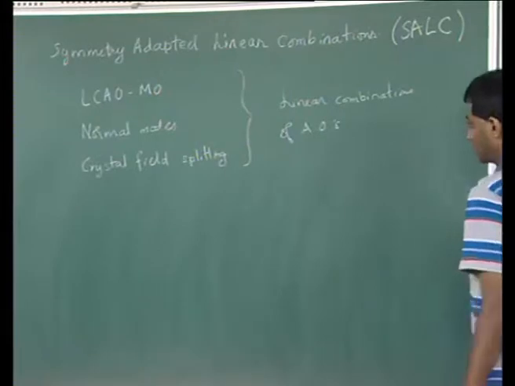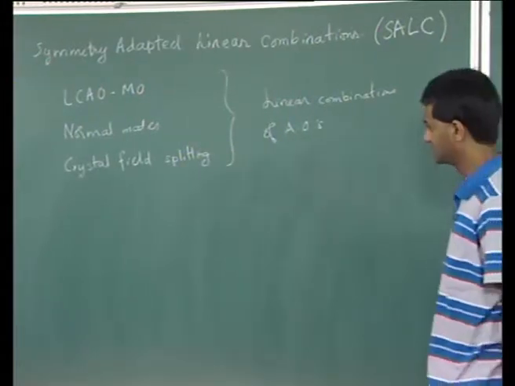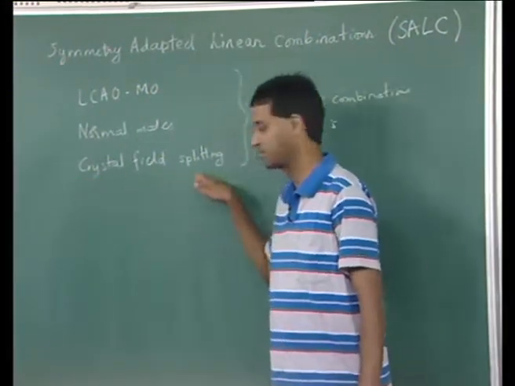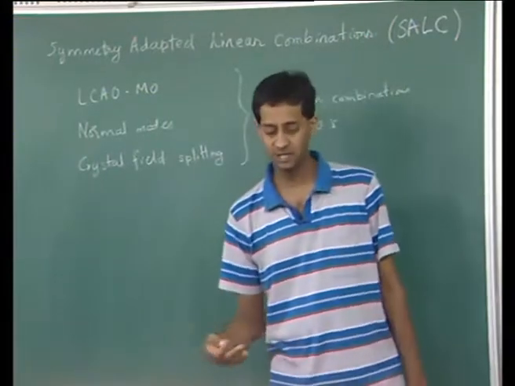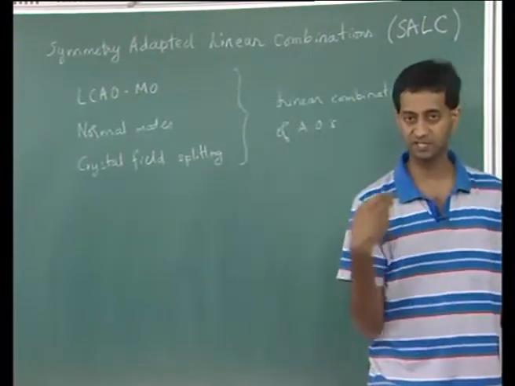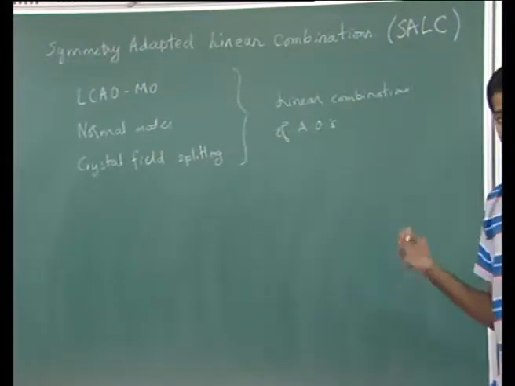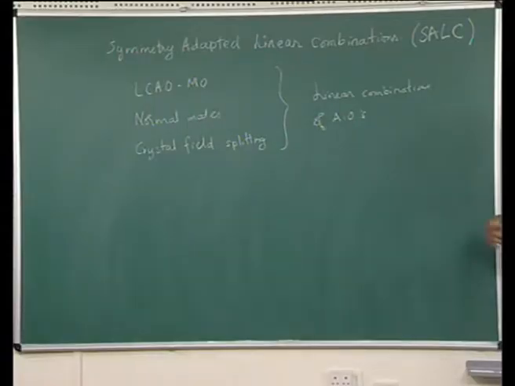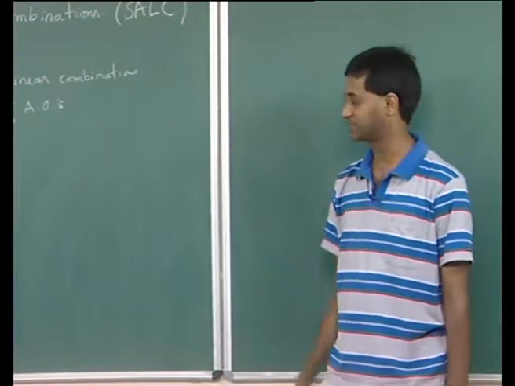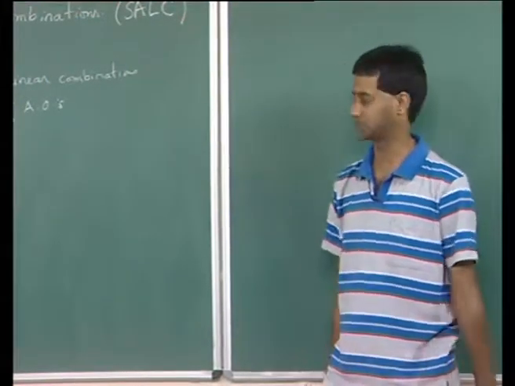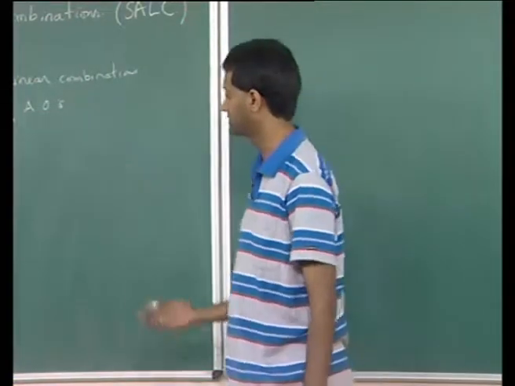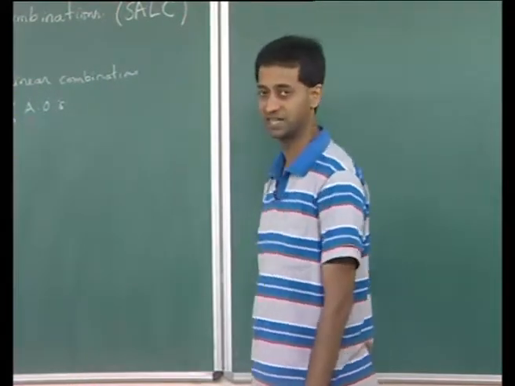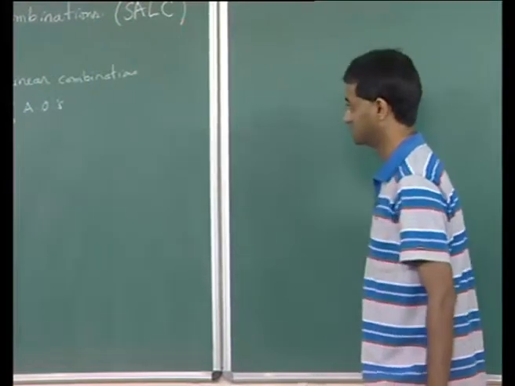Another example is let's say you have an atom in a crystal field, or in the field due to a ligand, and you know that in this ligand field there is a splitting of orbitals that takes place, and how should the splitting take place? What is the basis for the splitting? That is another place where these symmetry adapted linear combinations are seen.